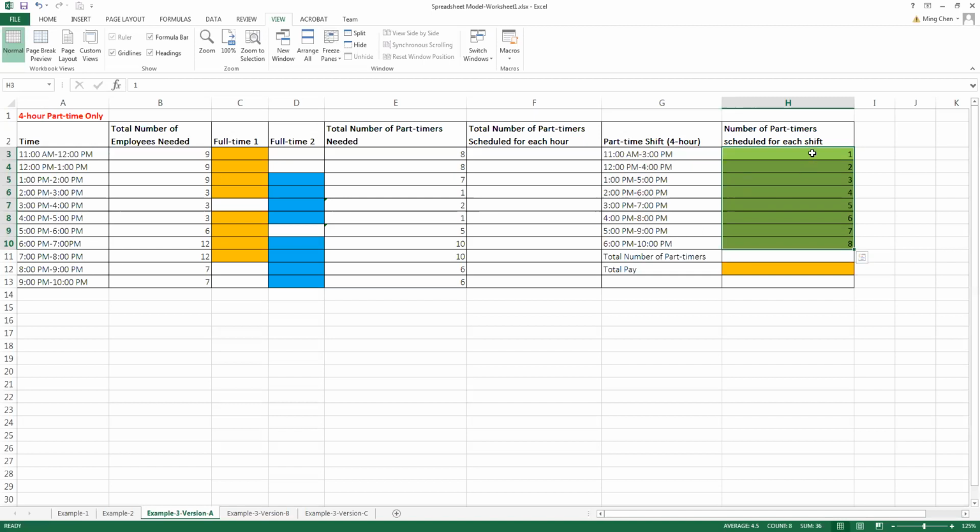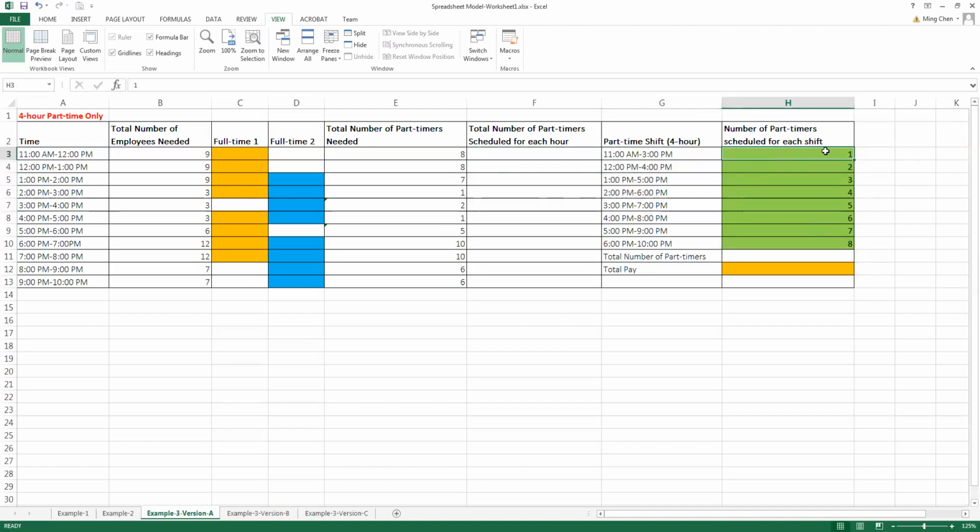Now let's see what will be the number of people working in different time periods. Look at the first time period, from 11 to 12. Who will be working from 11 to 12? Looking at the shifts, the ones working from 11 to 3 will be working from 11 to 12.